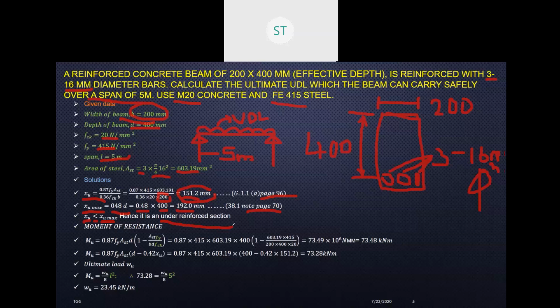Therefore, we find the moment of resistance of the under-reinforced section on page 96 of IS 456.